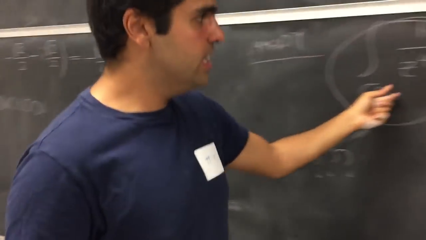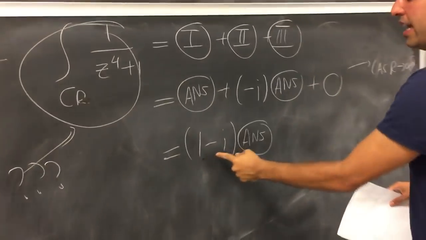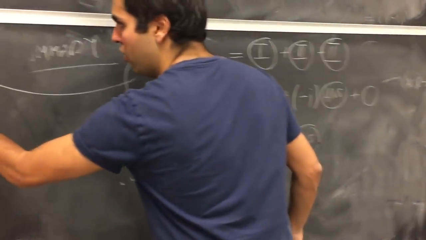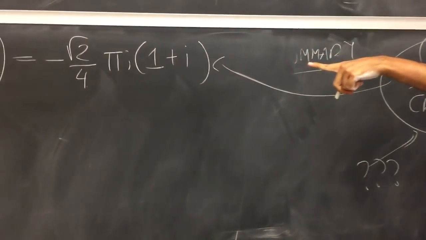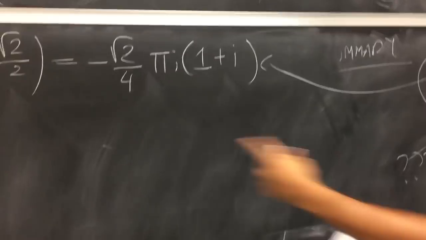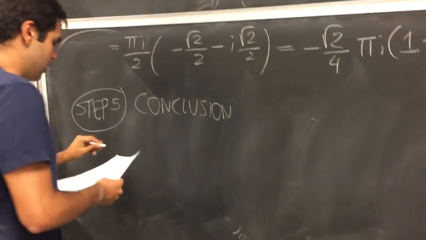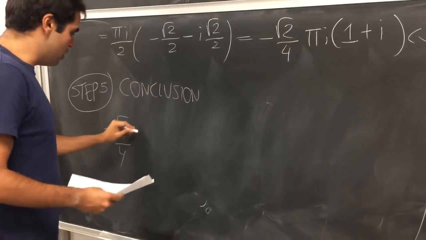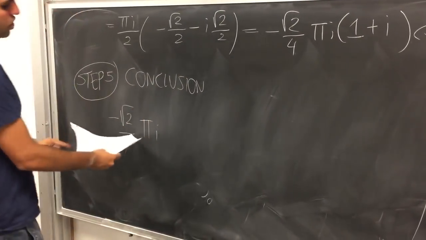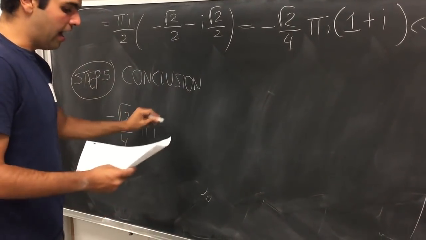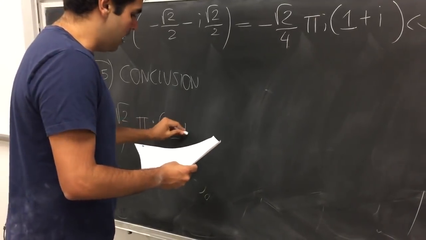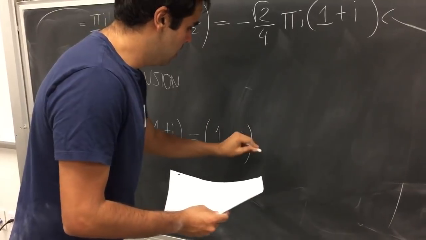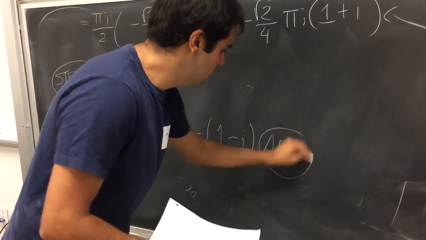Remember, the integral that we wanted to evaluate is 1 minus i times our answer, but this integral is actually equal to that. So, in other words, all we have to do is solve this equation: whatever we found, minus square root of 2 over 4 pi i times 1 plus i, equals 1 minus i times our answer.